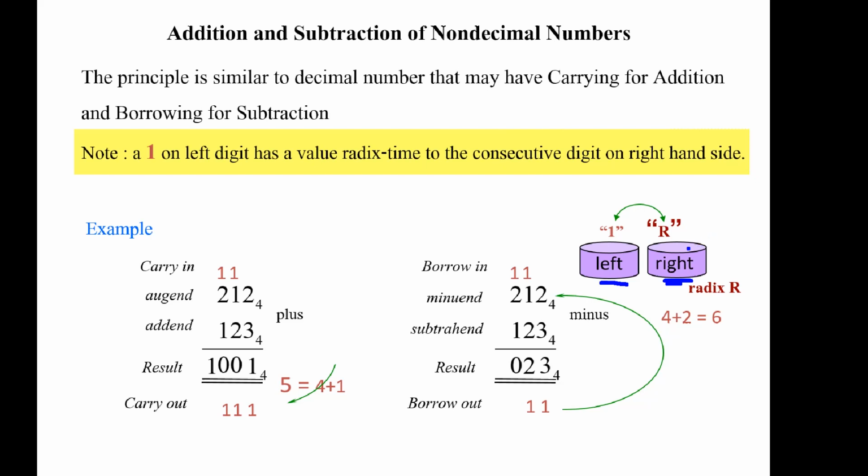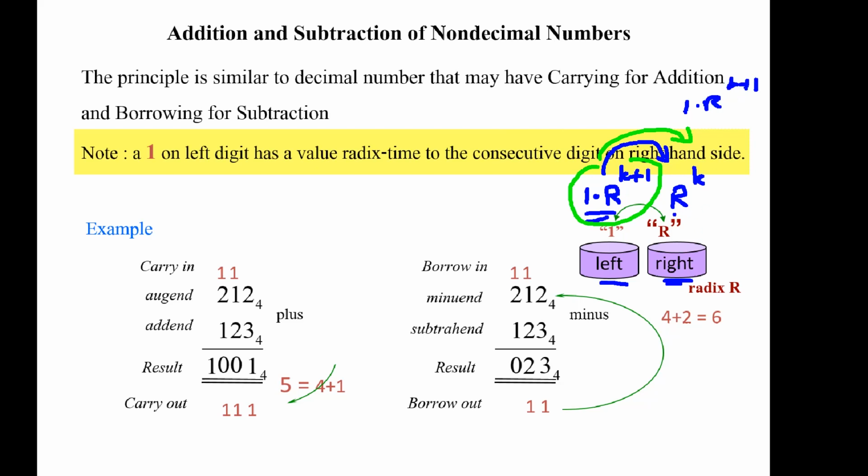For example, if this position has the weight r to the power of k, the next digit has the weight r to the power of k plus 1. If you want to move a digit from left to right, it becomes 1 multiplied by r to the power of k plus 1.